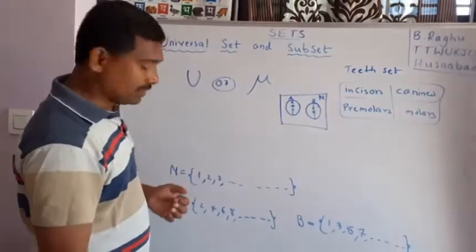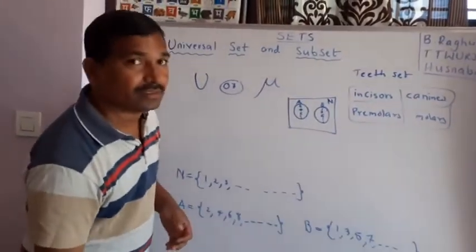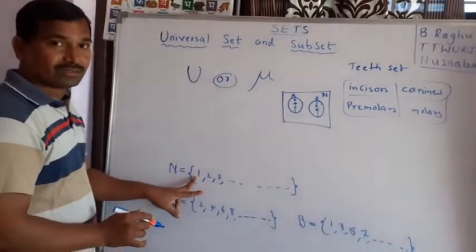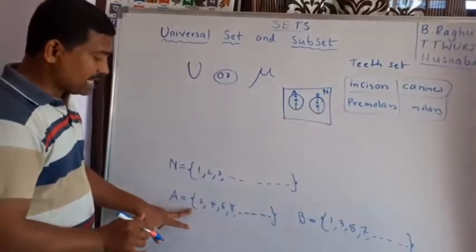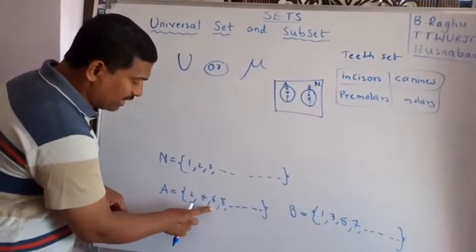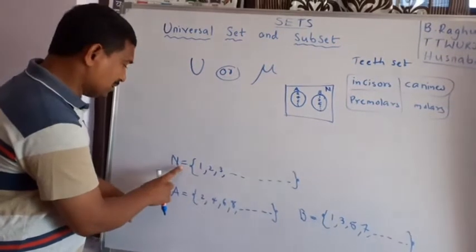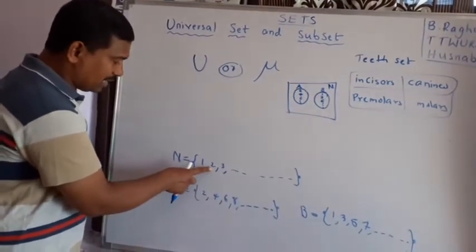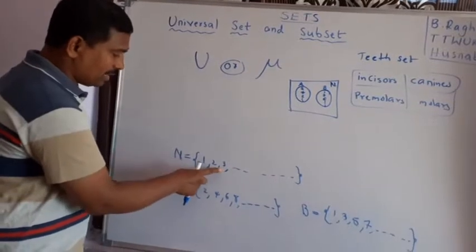Now let us go to subset. For example, let us take N as a set and A as a set. If you see, all elements of A are in the set N. You can check: 2 is in N, 4 is in the natural number set.